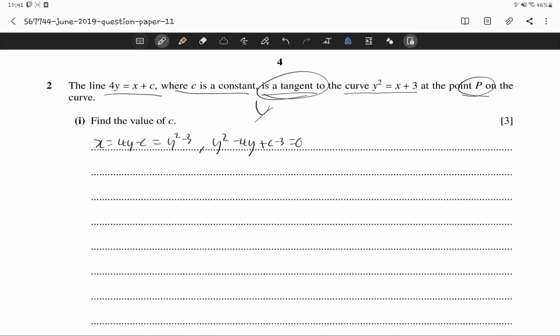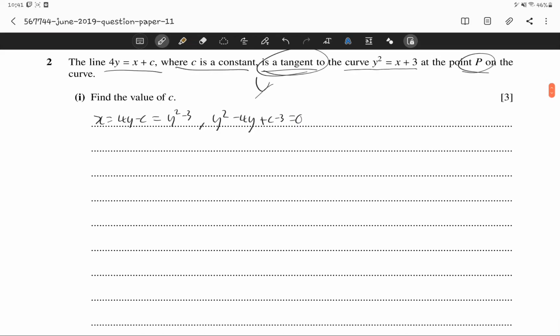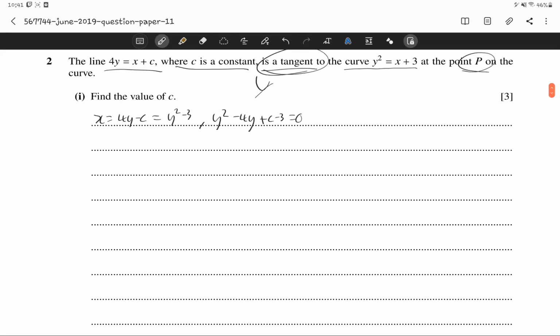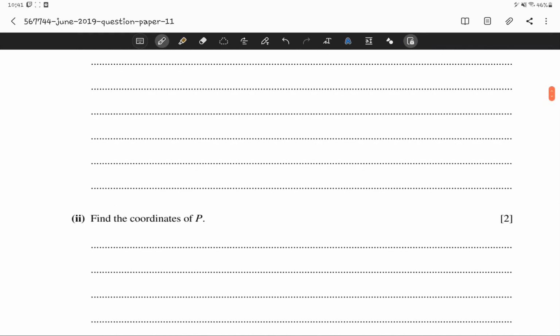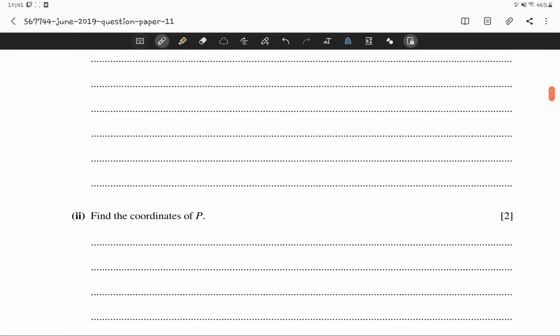And for this to have a single solution, y would have to equal 2, because you want this to be a perfect square, right? So it has to be y minus 2 squared equals 0. For that, this part would have to equal 4. So c minus 3 equals 4, c equals 7. Yep.